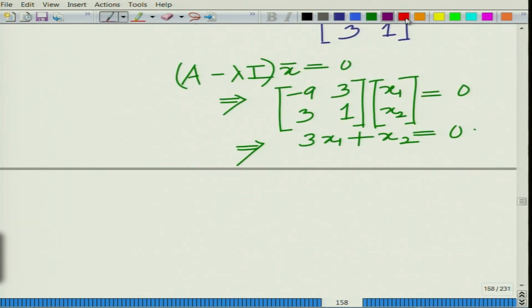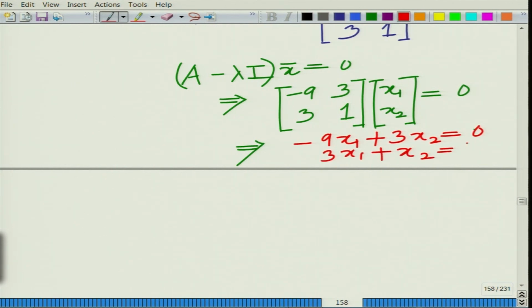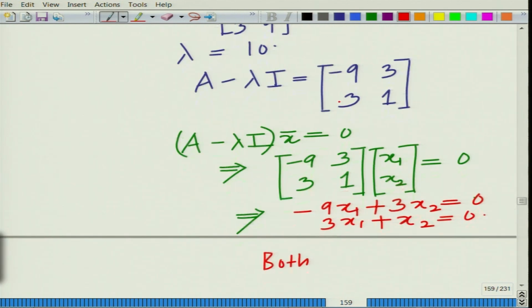In fact, to avoid any confusion, let us write the first equation: minus 9x1 plus 3x2 equal to 0, and 3x1 plus x2 equal to 0. I am sorry, this has to be minus 1, I guess.